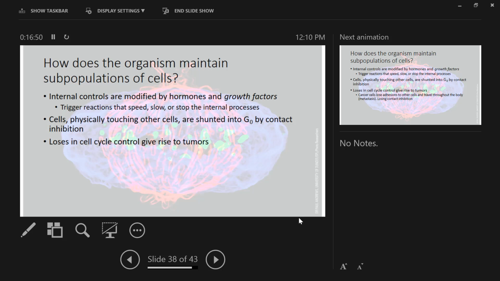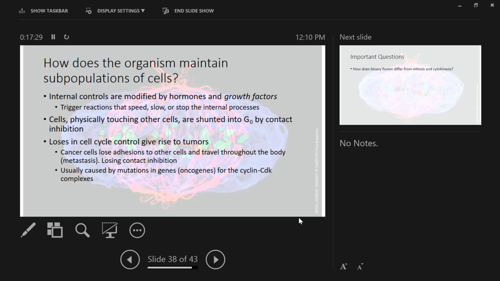Any loss in cell cycle control gives rise to uncontrollable growth, which is some kind of a tumor, and then if the cells lose their ability to remain adhered together, in addition to losing their ability to control their cell cycle, then they metastasize and they move, and that would be the transition from a benign tumor to a cancerous tumor. So they lose contact inhibition. They lose any possibility of being inhibited in the future, because they lost whatever left them attached to other cells.